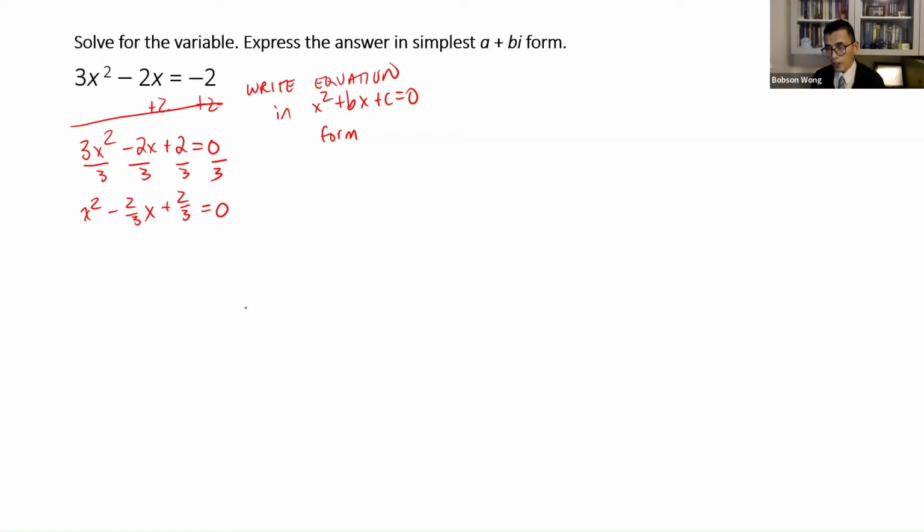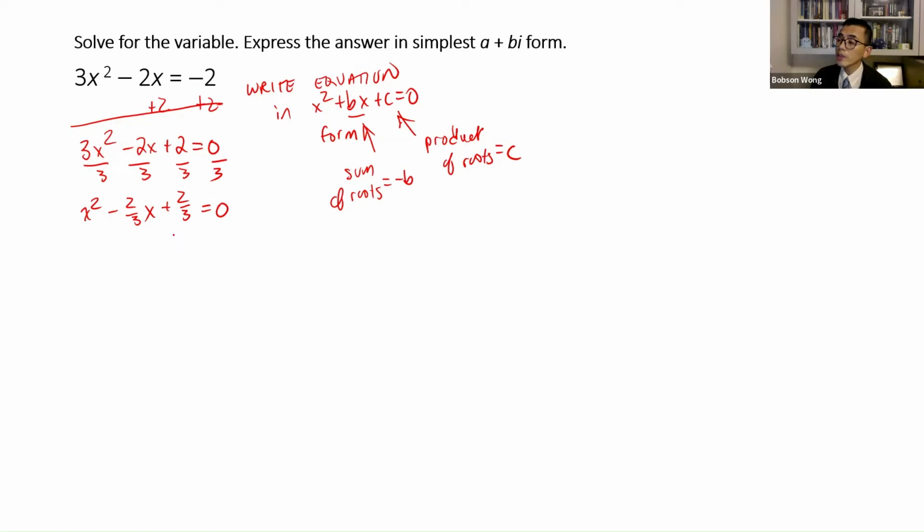We have the equation in the form x squared plus bx plus c equals 0. We know that if the equation is written in this form, we can find the sum of the roots and the product of the roots. In general, if we have the equation x squared plus bx plus c, the sum of the roots is negative b, and the product of the roots is c.